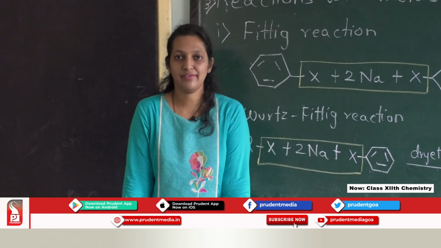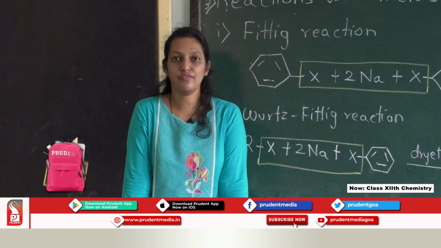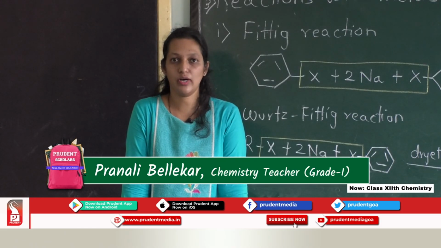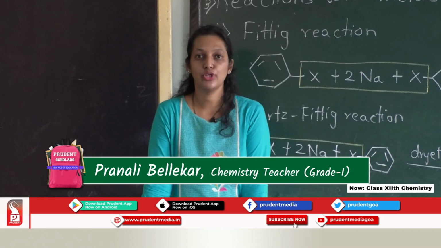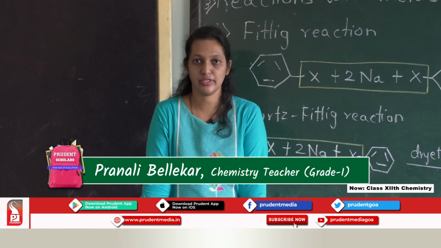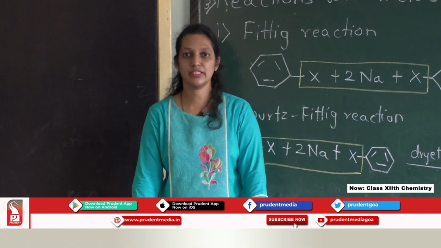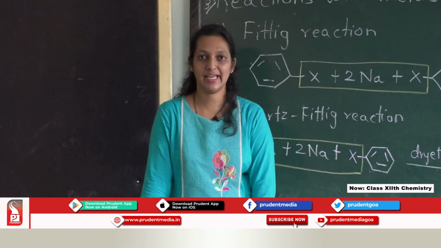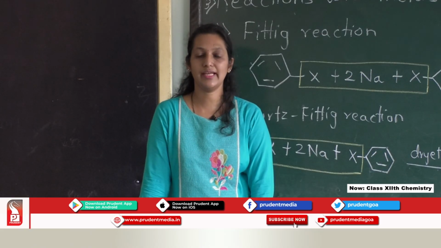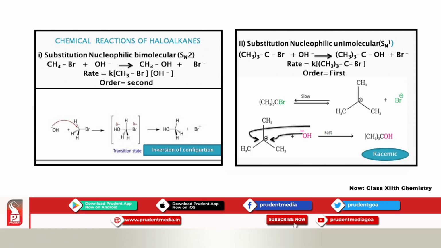So, today we have seen in this chapter chemical reactions of haloalkanes and haloarenes. Under the chemical reactions of haloalkanes, we have seen nucleophilic substitution reaction. Under the nucleophilic substitution reaction, we have studied SN1 reaction along with the mechanism and reactivity of alkyl halide towards the SN1 and SN2, and we have studied the nucleophilic substitution bimolecular and unimolecular reaction.